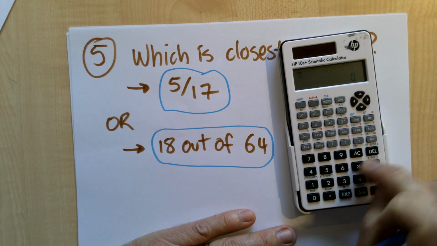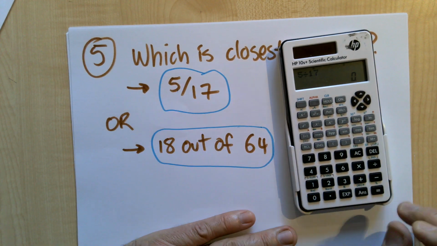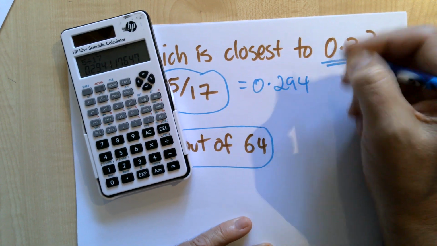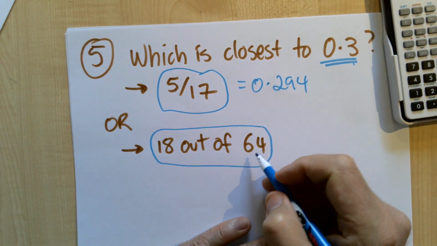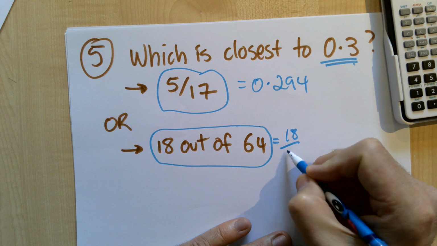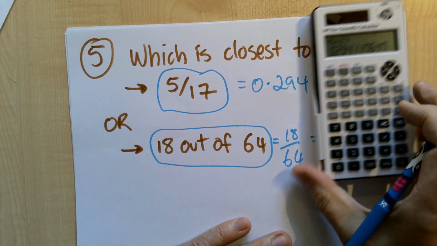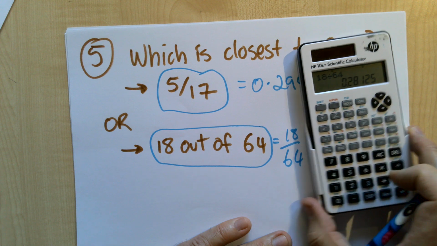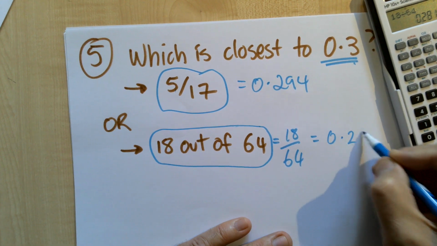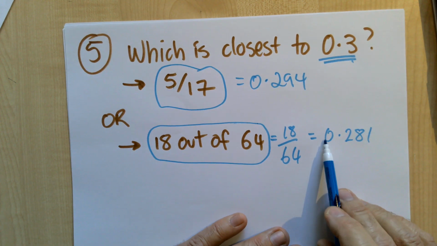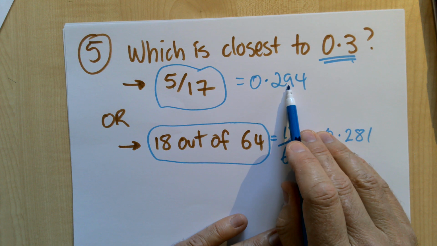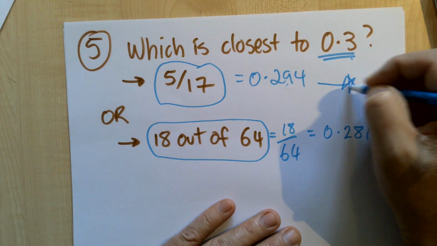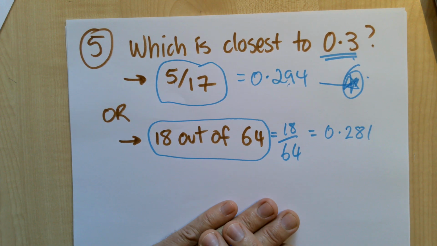So 5 divided by 17, that's what that means there, is 0.294. 18 out of 64, that's 18 over 64. 18 divided by 64, that's 0.281. Now you can see very clearly this one is closer to 0.3 than this one. So that is the one that's closest.